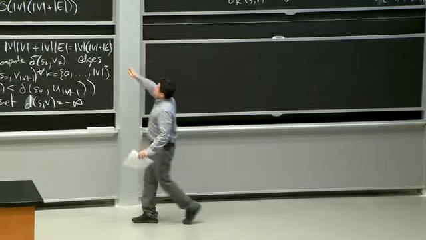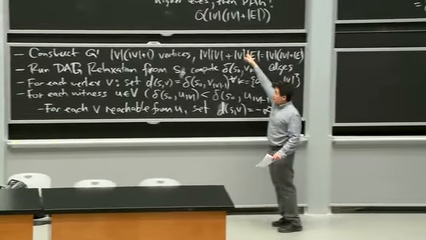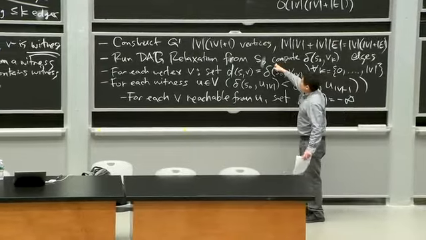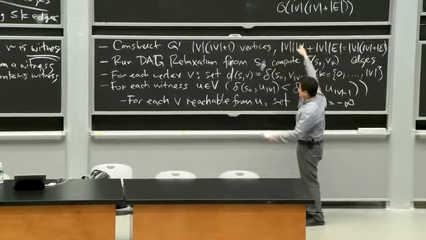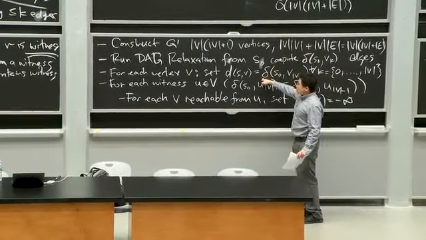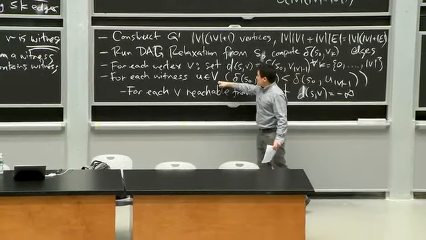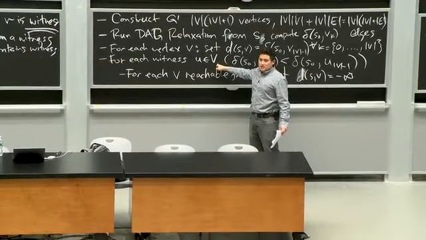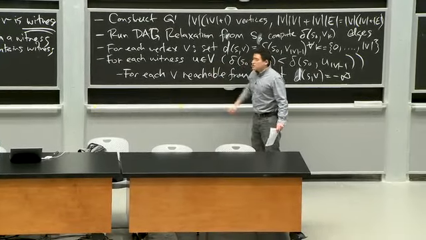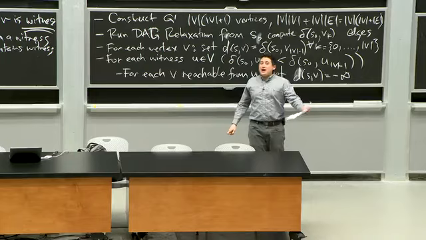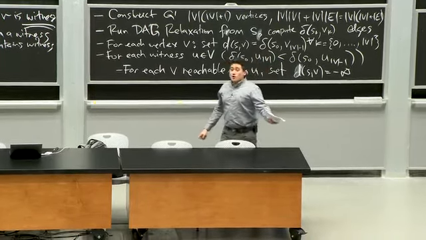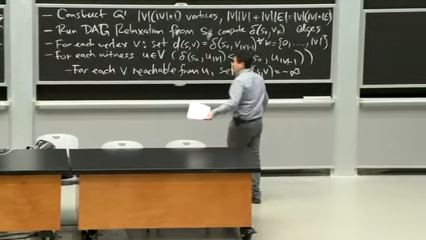Okay, so what's the running time of this thing? Well, we had to construct this graph, so we had to take that time. We ran DAG relaxation. That takes the same amount of time, right? For every vertex, we did order V work. And then for each witness, how many could there be? At most V. Checking the reachability of each vertex can be done in order E time, right?